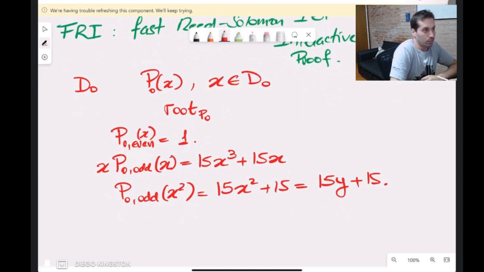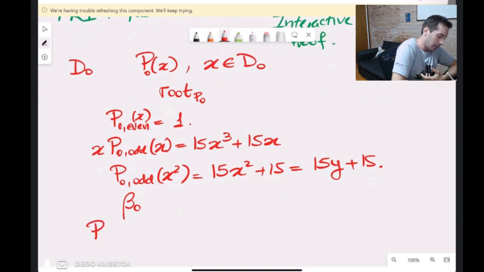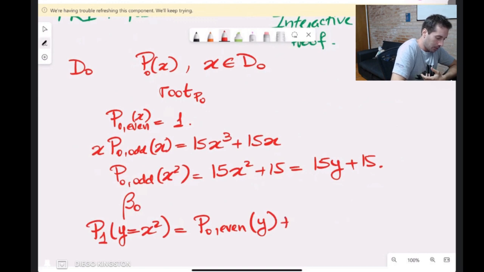So now what the prover is going to do is randomly fold these two polynomials. And so he will ask the verifier for a value beta 0. And so he's going to calculate P1 of y, which is simply P0 even of y plus beta 0 P0 odd of y.